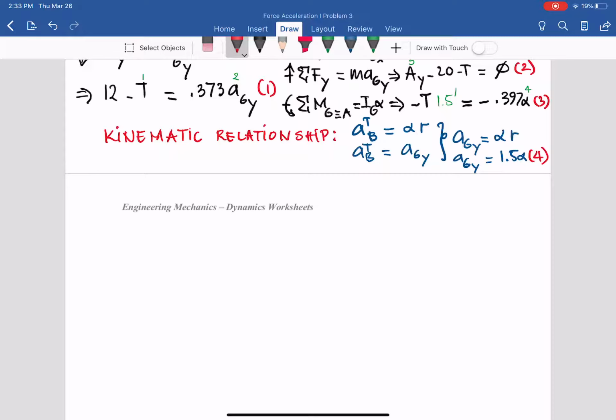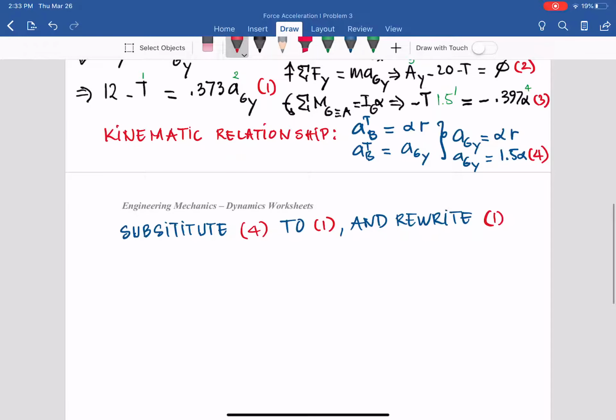So let's substitute number 4 into 1, and then rewrite the 3 equations that you have. 1, 2, 3. 3 equations.